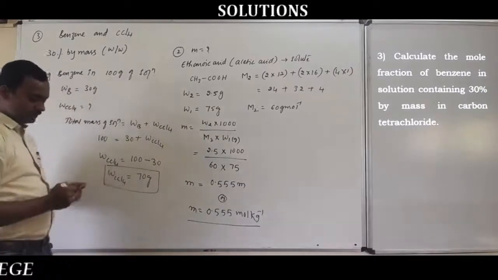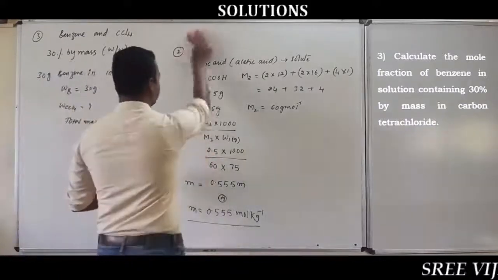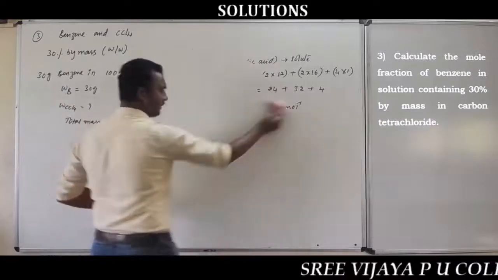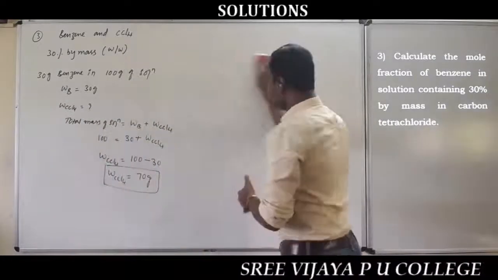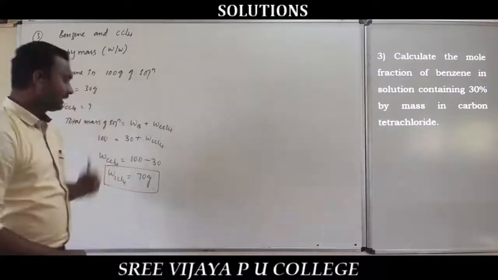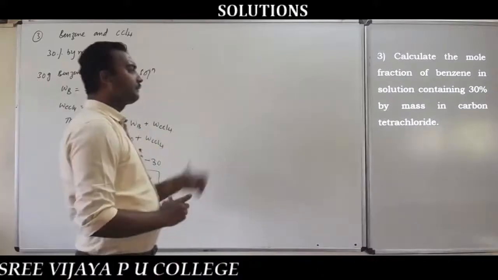So once you know the masses of the given components in a solution, you can easily calculate the number of moles. Once the number of moles is known, you can easily calculate the mole fraction. What we need now: the problem asks to calculate the mole fraction of benzene.